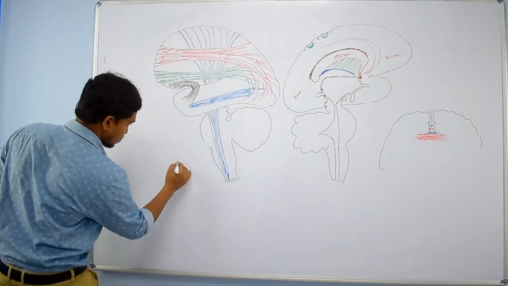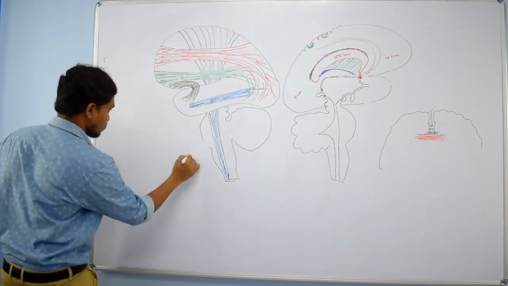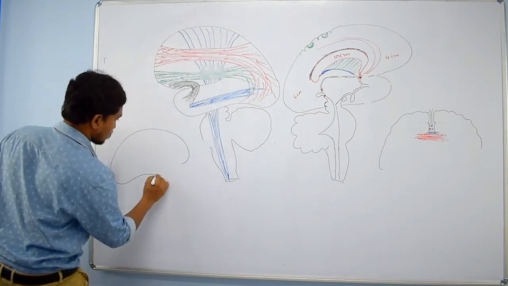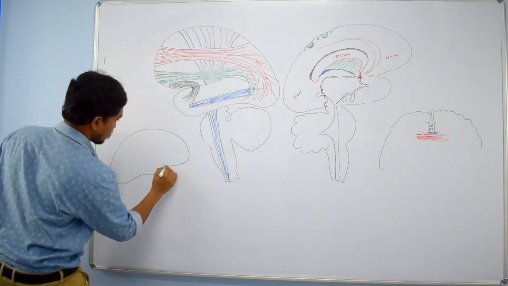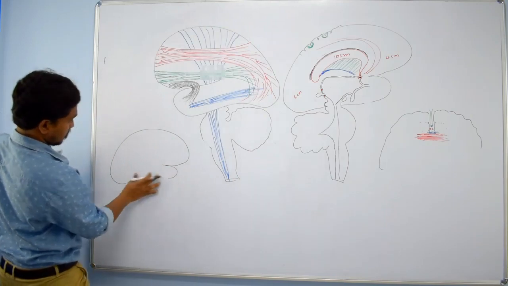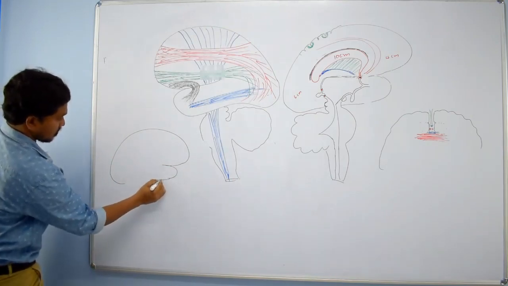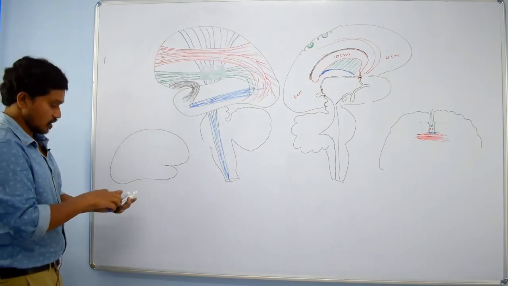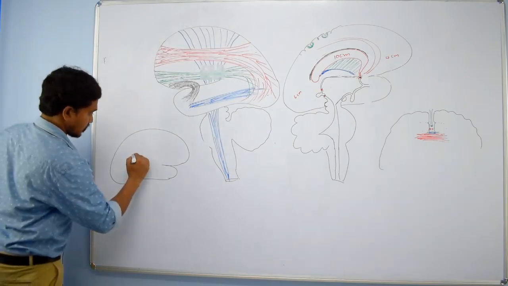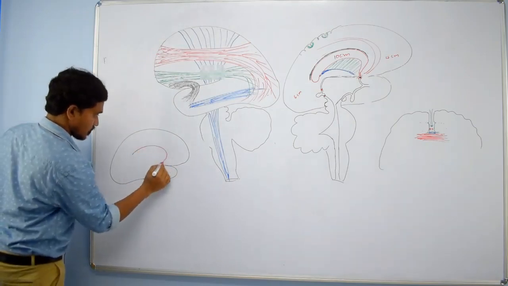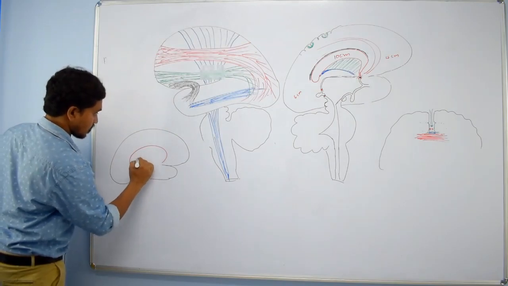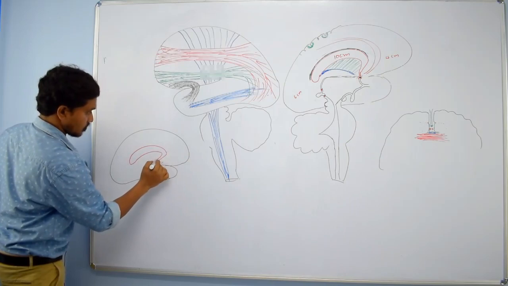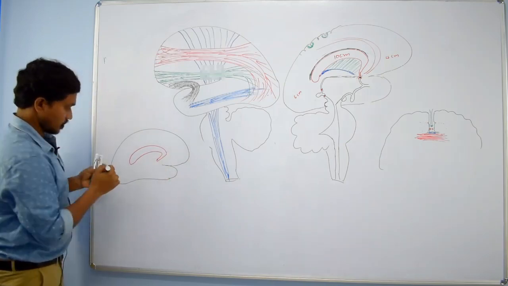So this is the medial surface of cerebral hemisphere. Of course, corpus callosum. This is corpus callosum. Right?